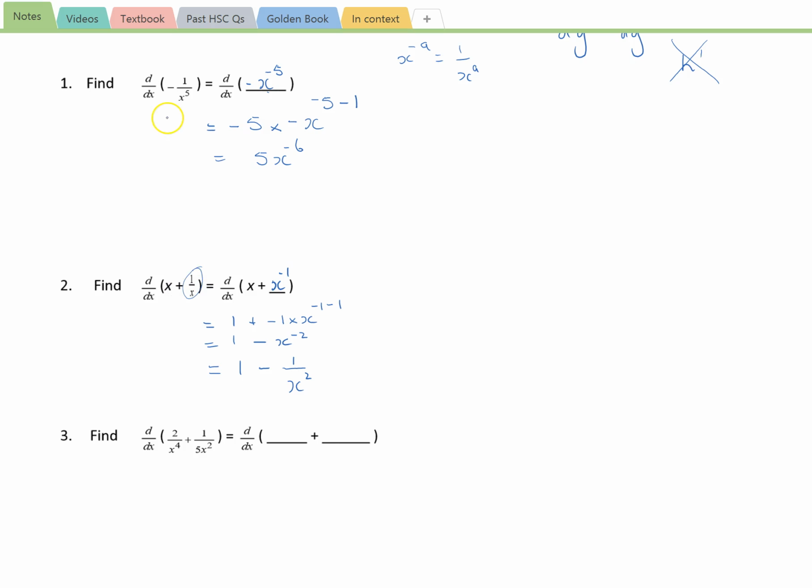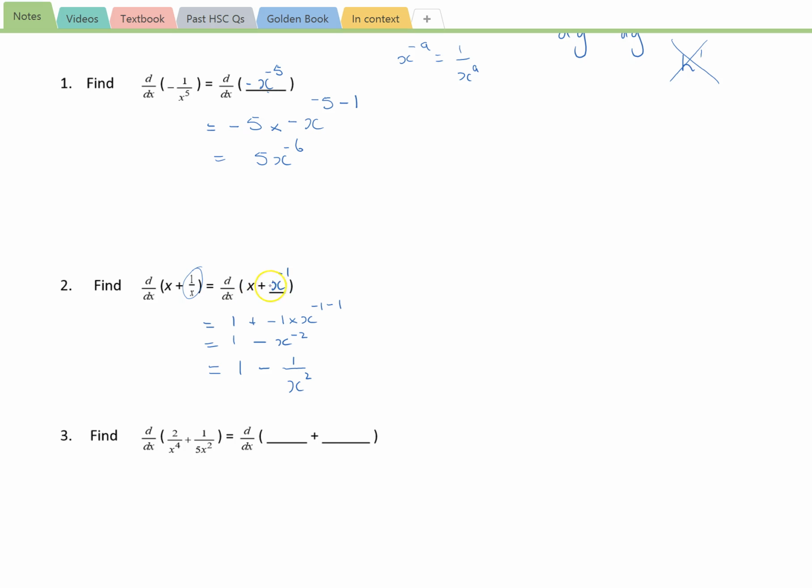I don't need to make any change to the x, that's fine. So I still write the instruction, take the derivative of x plus, and using my negative index laws, I rewrite my 1 on x as x to the minus 1.